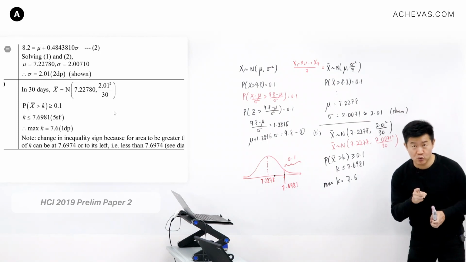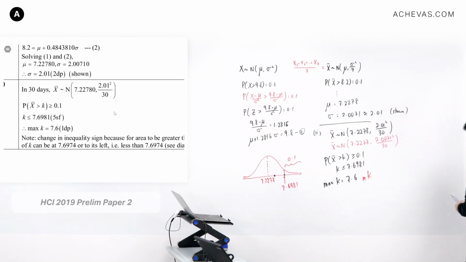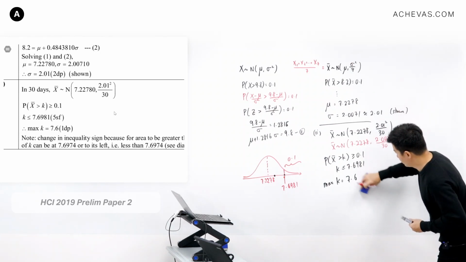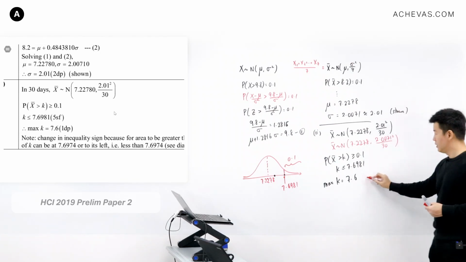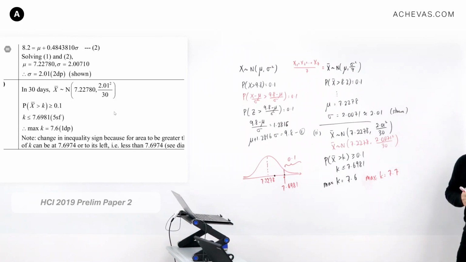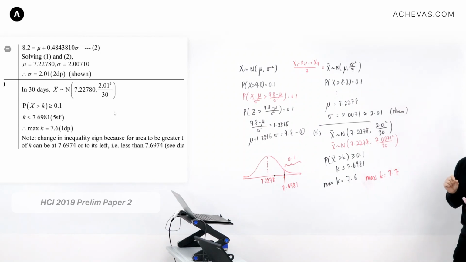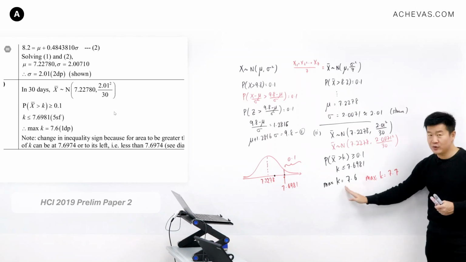Some of your schools will actually go for the maximum possible K to be equal to 7.7 to 1 decimal place. Some schools will actually go for this. That means they will accept this as the correct answer. Which one is safer? I feel that this one is safer.